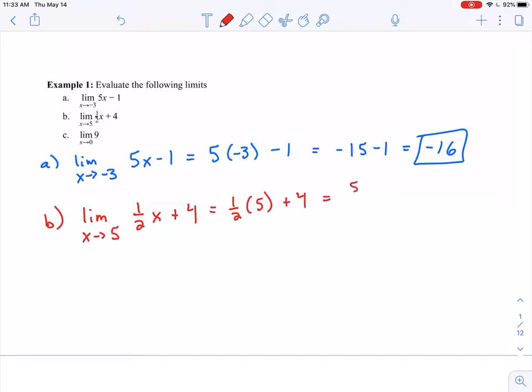Here I would have 5 over 2 plus 4, and at this point maybe we think about that as 4 over 1. We get a common denominator, so 5 over 2 plus 8 over 2. This would give me 13 over 2, or 6.5 if you're more decimal oriented. So either one of those I would take.